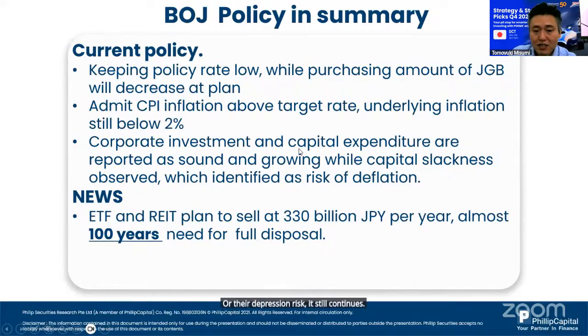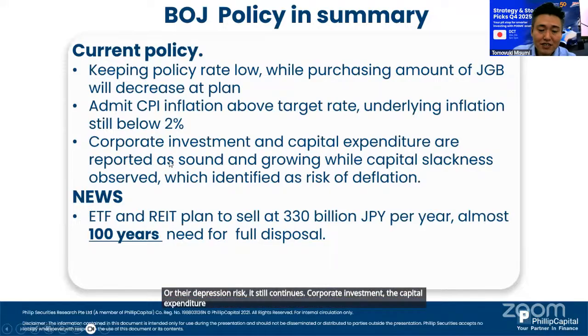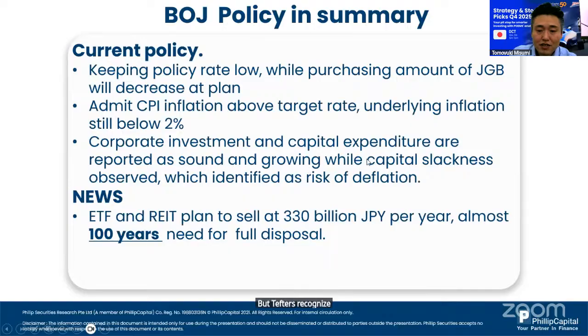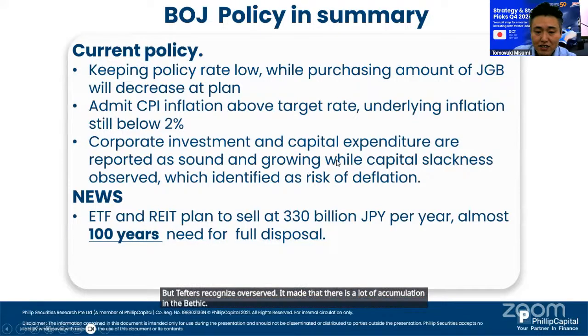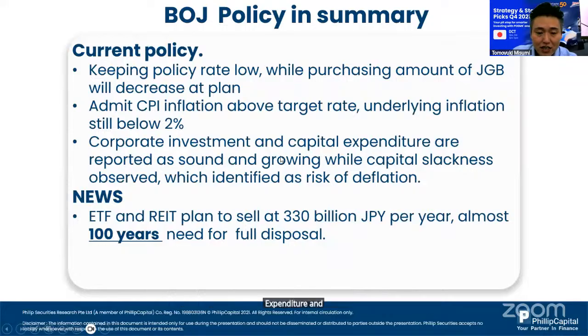Corporate investment and capital expenditure are reported as sound and growing, while capital slackness is observed. There is a lot of accumulation in invested expenditure and some invested capital, but the capital is not fully utilized. There is capital slackness and labor slackness, which are identified as a risk of deflation.